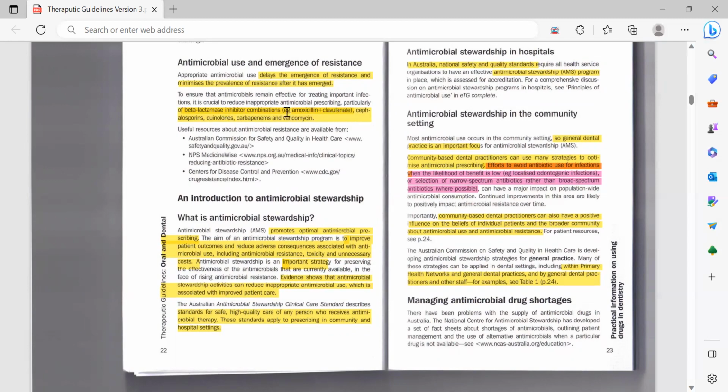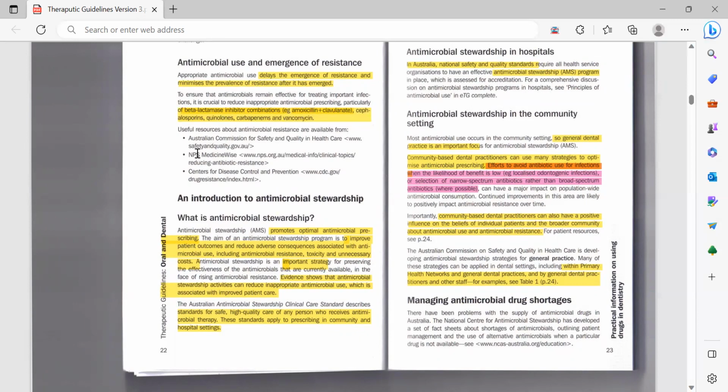So they are asking you to reduce the inappropriate prescribing of these drugs: amoxicillin plus clavulanate, cephalosporin, quinolones, carbapenems, and vancomycin.